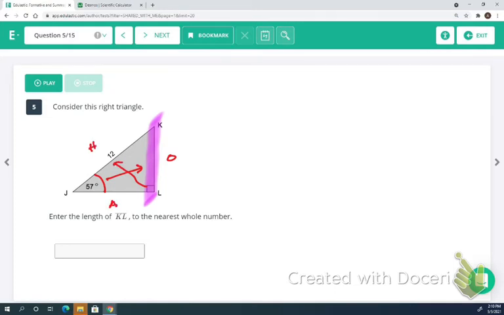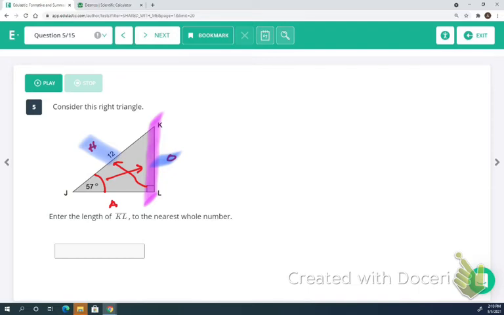I want to find two sides that are going to give me information about the side. Here the hypotenuse is 12, and I want to know what KL is. That's the unknown. So I'm going to use a trig function that includes the opposite and the hypotenuse.